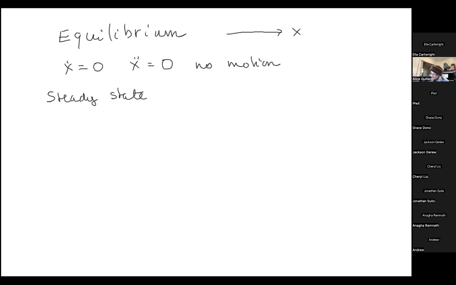So for dynamical systems, what's a dynamical system? A dynamical system is something that obeys some equation that looks like this. This is dx dt is equal to some function. But for us, when we talk about a particle moving in 1 dimension, maybe I shouldn't have used x here.